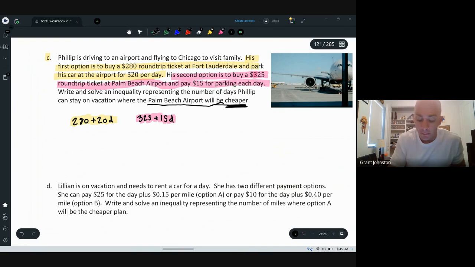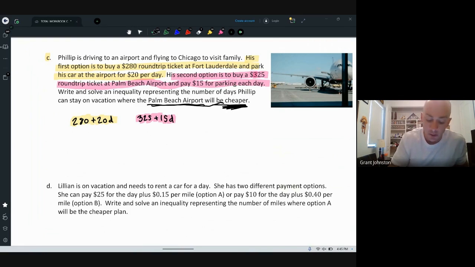But we want to know when Palm Beach will be cheaper. So this Palm Beach needs to be less than the Fort Lauderdale. In other words, the Fort Lauderdale is greater than the Palm Beach. So that's how we set it up.